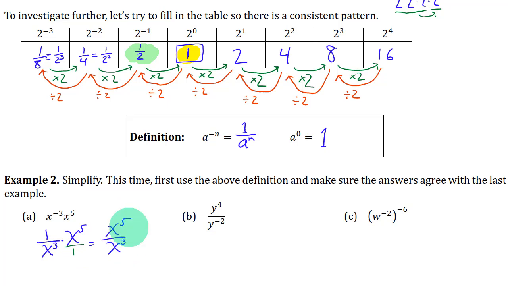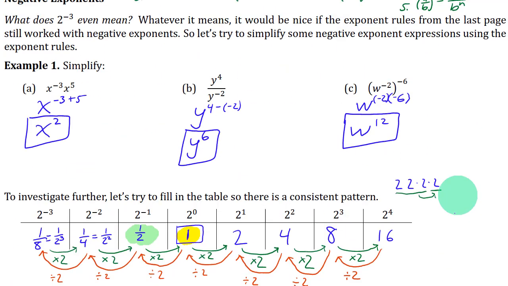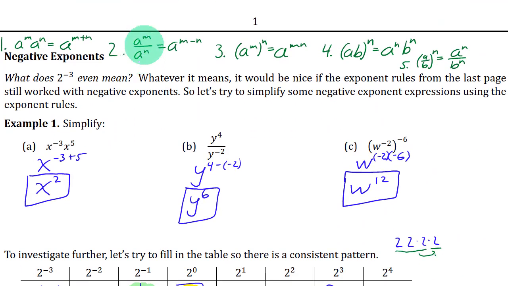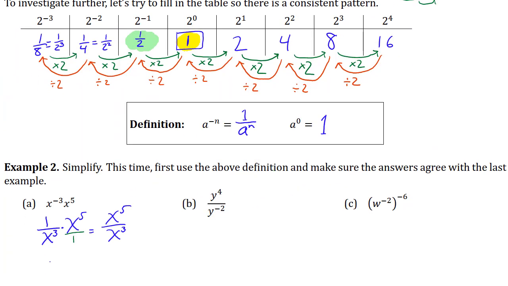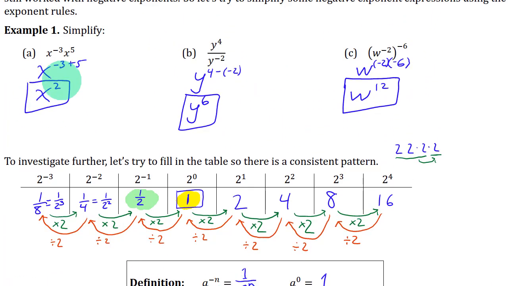And then you could use rule number 2 here, where you have the same base, which is x in the top and bottom, but different exponents. So this would turn into x to the 5 minus 3, which is x to the power 2. And is that what we got before doing the same problem here? Yes, it is.